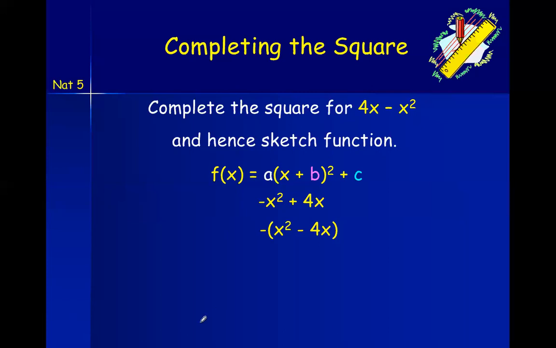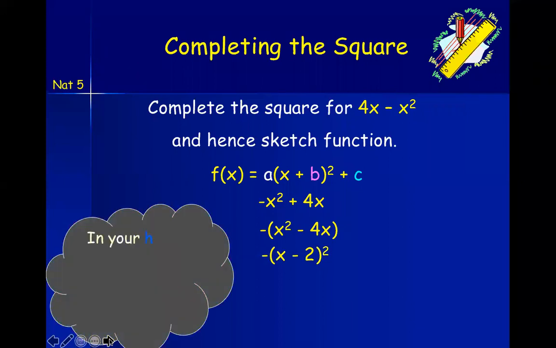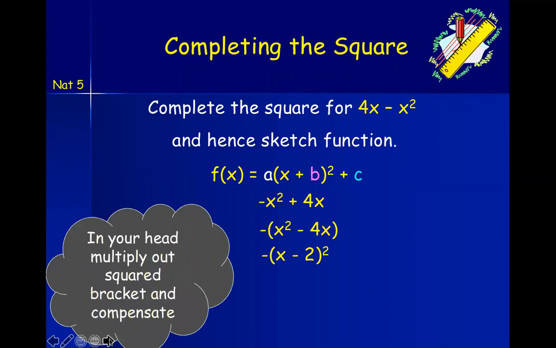Now you've got negative 4x that you need to rewrite. Half of 4, it's not half 6, and put into square brackets, so you get (x minus 2) squared, but then we need to compensate by adding 4. So that's us, we've completed the square.